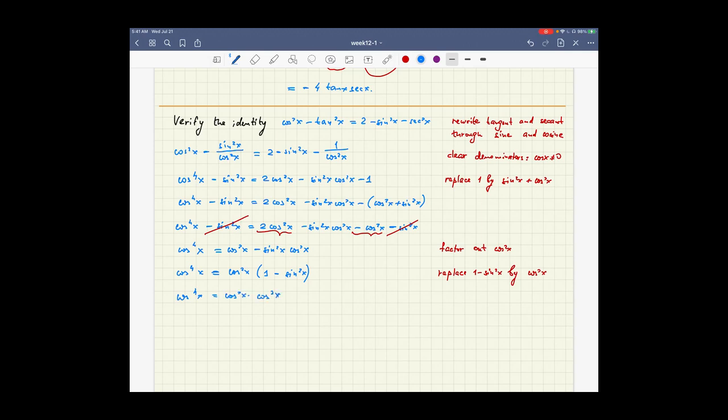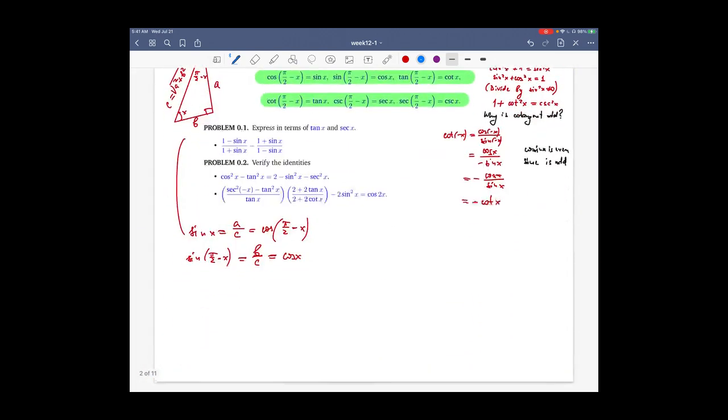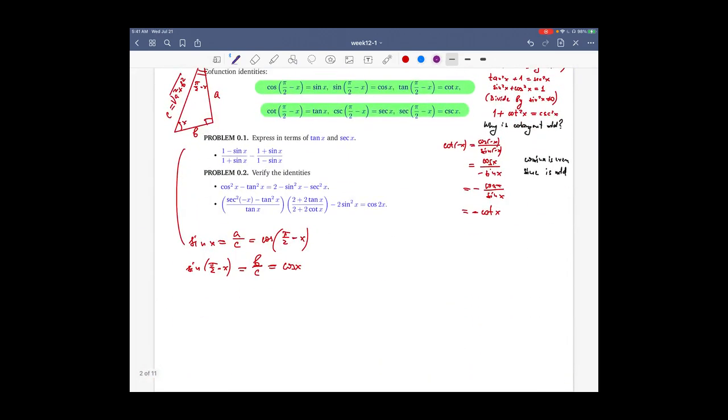And we realize that on both sides we have cosine to the fourth of x equals cosine to the fourth of x, which is indeed a right equality, a right identity. So this finishes the first one of these two examples.